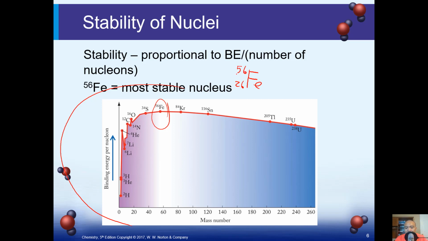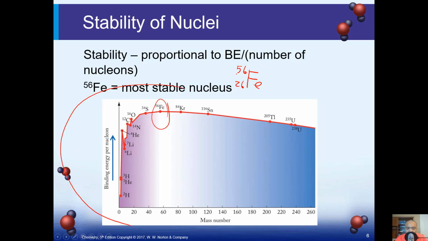If the nuclei are lighter than iron-56, which has atomic number 26, then they can release energy in the fusion reaction. The formation of nuclei heavier than iron-56 consumes energy rather than releasing it.